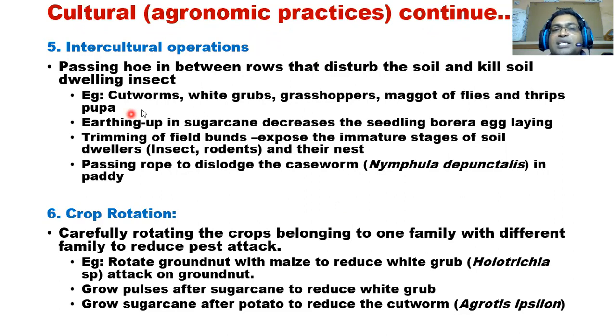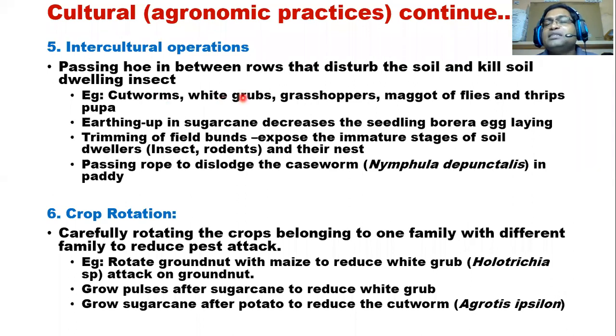Especially, trimming of bunds, right? Trimming of bunds from time to time, turning up of soil in between the plants, and removing of the weeds in orchard crops are helpful to minimize pests, especially cutworm in vegetables, horn field and cabbage field, because cutworm larva will be there in the soil, and white grubs in coconut.